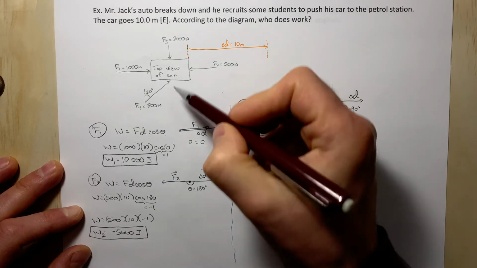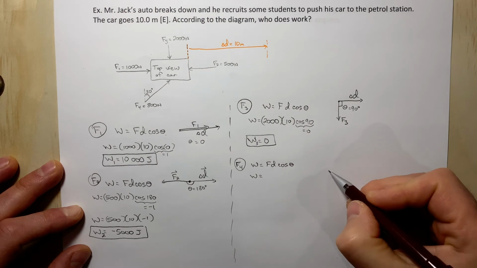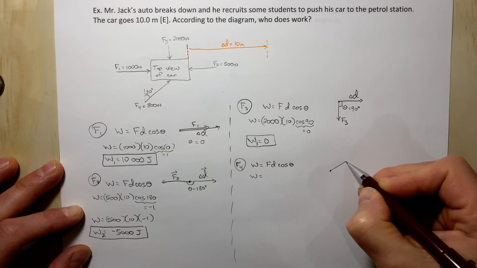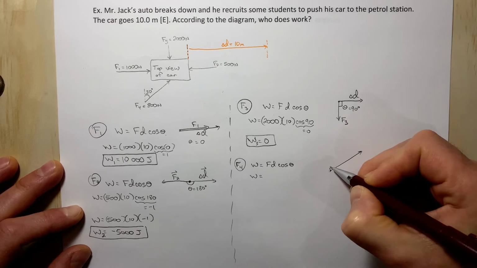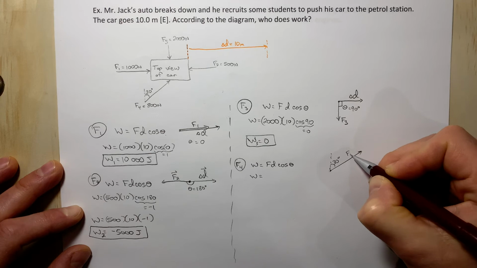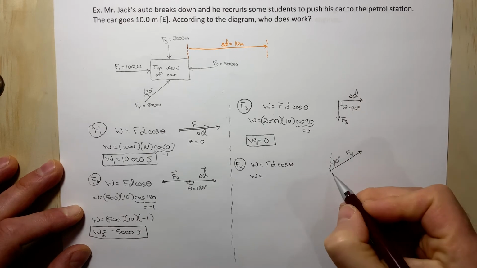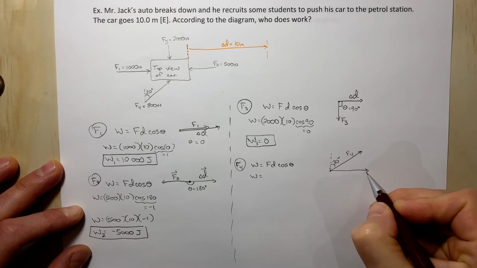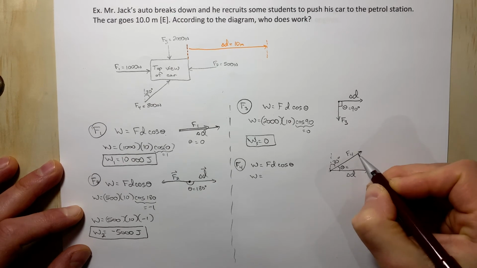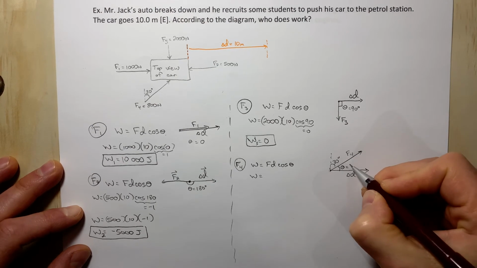Now person number 4 is going this way. Again, if I draw this little diagram, force number 4 is going in this direction, and the angle is given right here, 30 degrees. Here's force 4. The displacement of the car, though, is straight east. So the angle that I want is the angle between force and displacement when they're tail to tail.